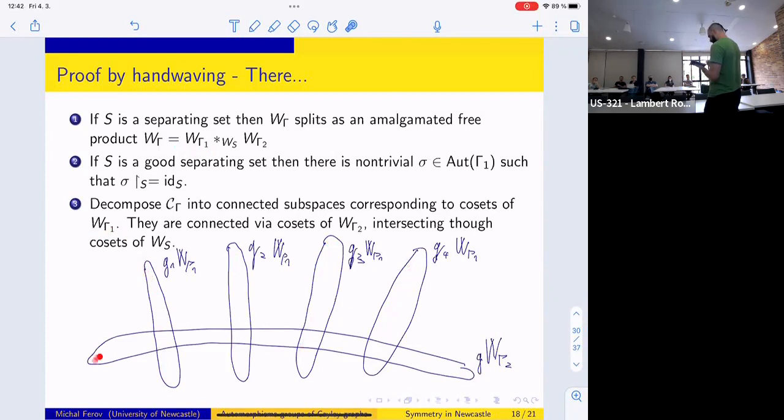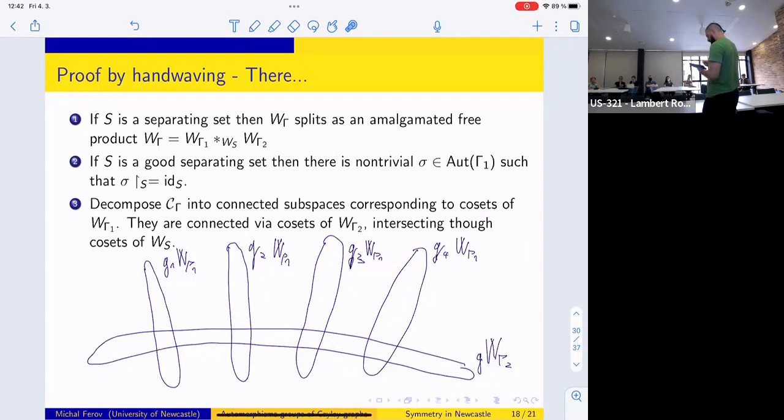They are connected through, of course, it will look a bit different. If you wanted to draw that, it will be a tree from basic Bass-Serre theory. But they are arranged in a tree-like manner. There would be another one going here, but it will not intersect any of those, and then there will be another, and so on.